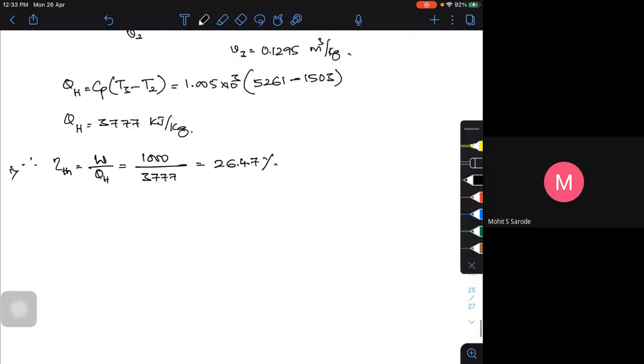Then what is my mean effective pressure? Which is work done by V1 minus V2.